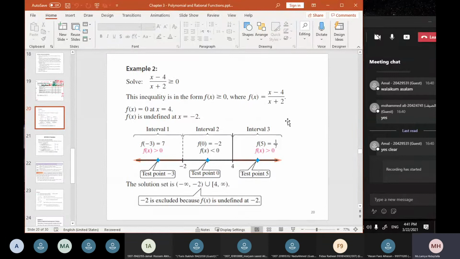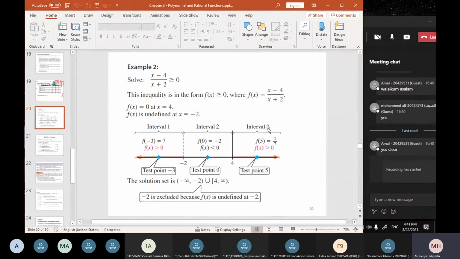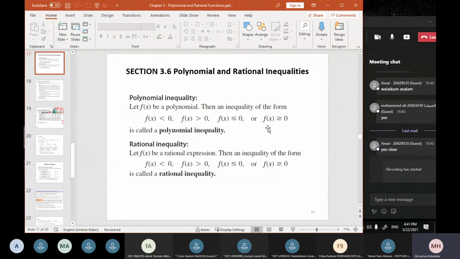We're doing the chapter on polynomials and rational functions, chapter 3. In the last part, we talked about polynomials and what they look like, correct?